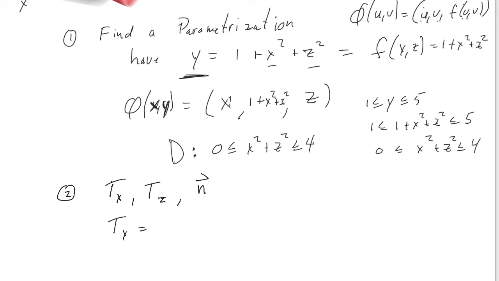Okay, so in the x direction, derivative of this with respect to x is 1, derivative of this with respect to x is 2x, derivative of this with respect to x is 0. Derivative of this with respect to z is 0. Derivative of this with respect to z is 2z. Derivative of this with respect to z is 1.